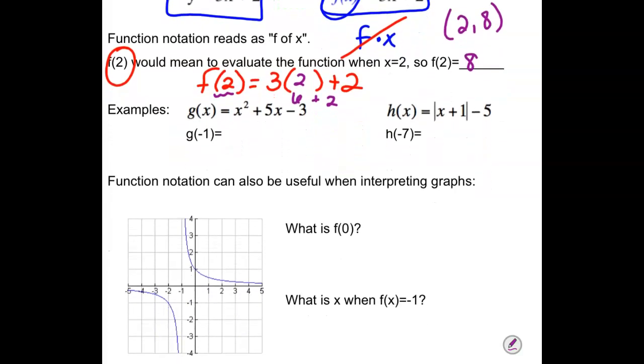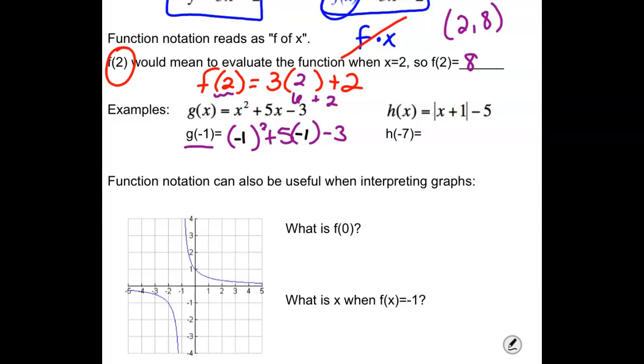So looking at our next example, g of x equals x squared plus 5x minus 3. They are asking us to evaluate when x is negative 1. We want to find the value of g, which is this function, when x is negative 1. So we're going to put a negative 1 in there. Be careful here.